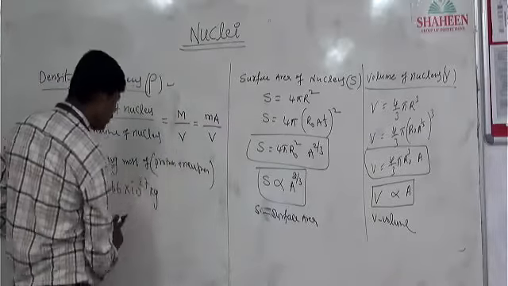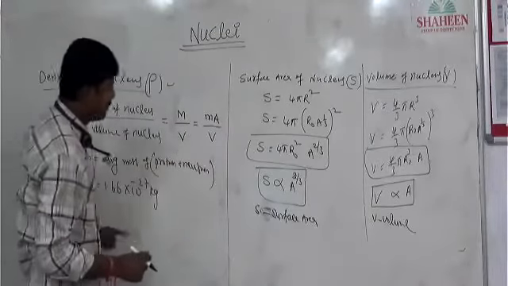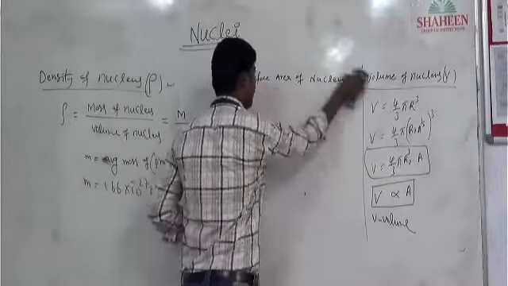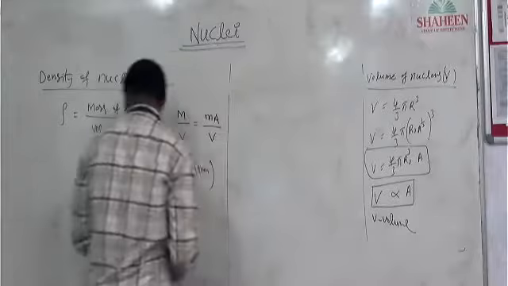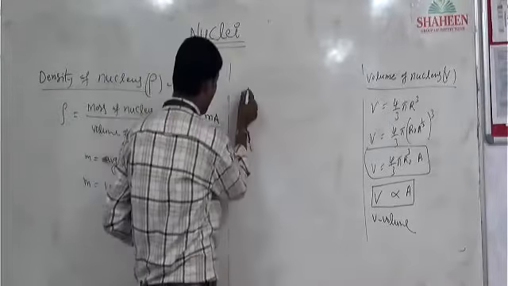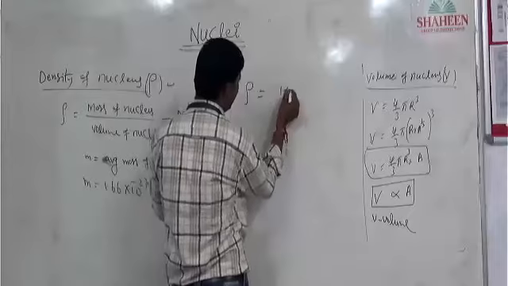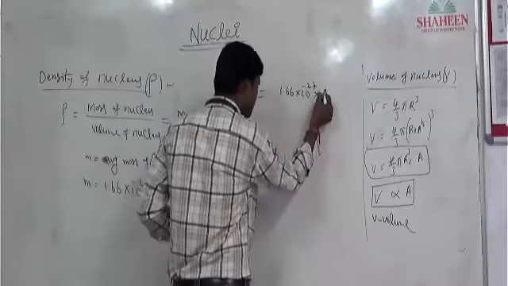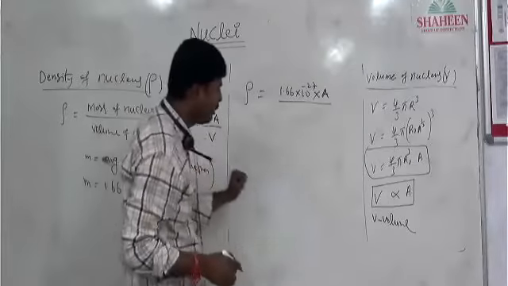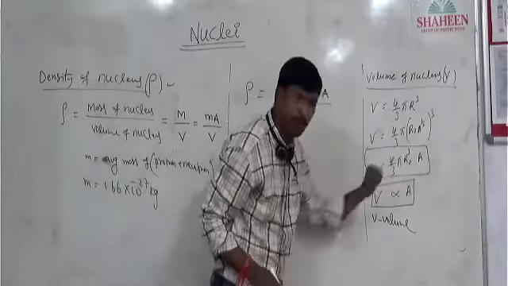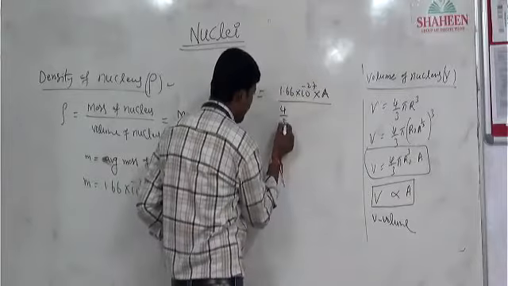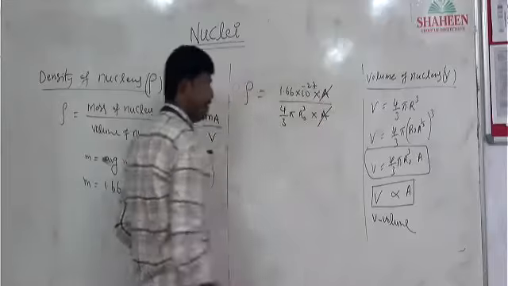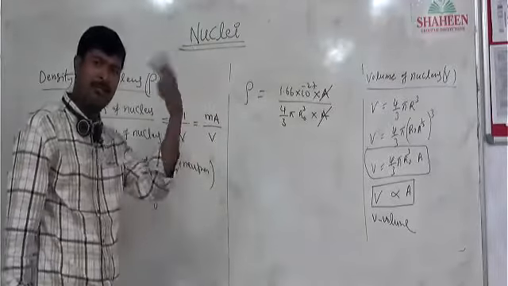Now m I know, A I know, then volume. We will substitute it and see what happens. From here, rho is equal to m, which is 1.66 into 10 to the power of minus 27 kg, times A, the atomic mass number, divided by V. V is the volume, 4 by 3 pi R naught cube into A. So I am writing 4 by 3 pi R naught cube into A. A cancelled, the atomic mass number cancelled.